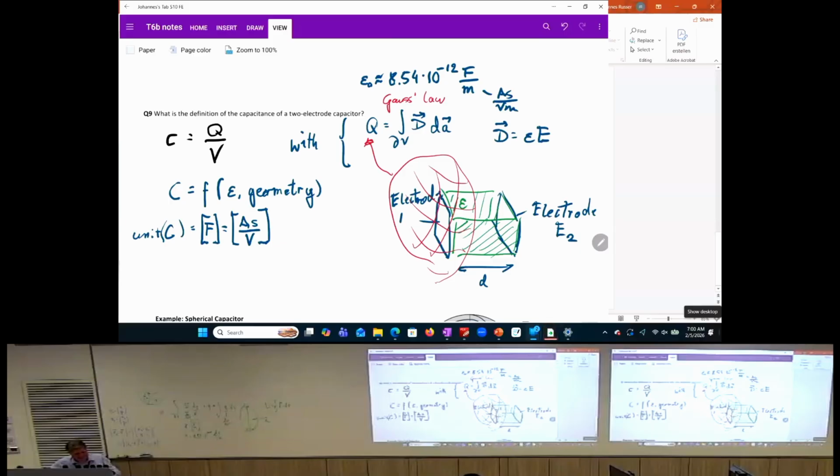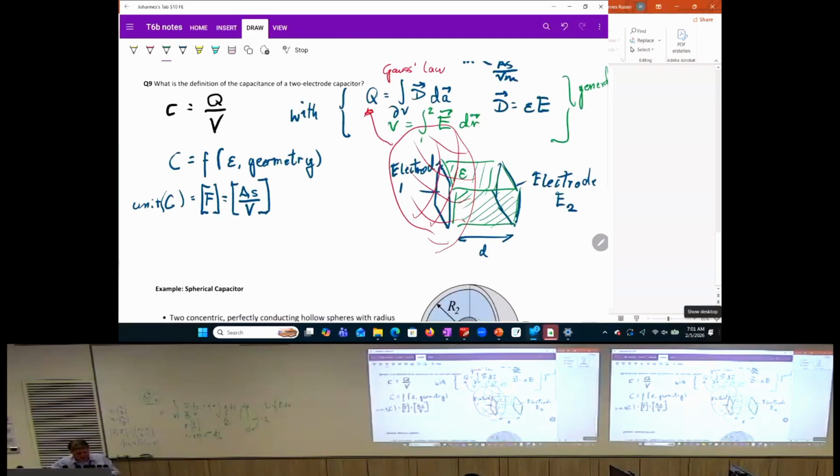The second thing you need is the voltage, and there you take the voltage by integrating the electric field from electrode 1 to electrode 2. That will give you your voltage. So this here is general, right?